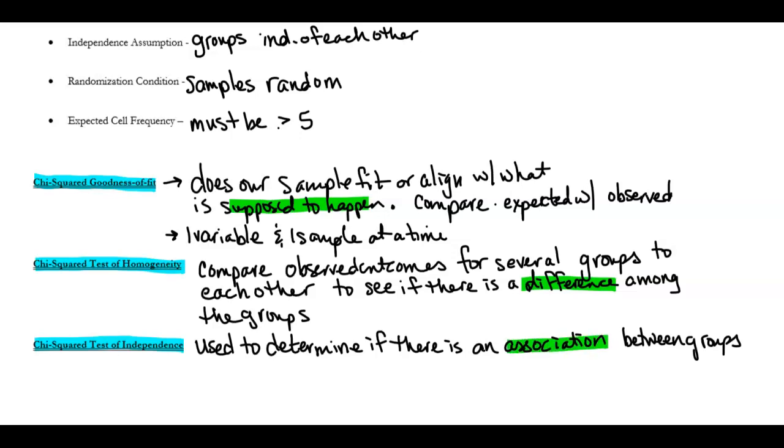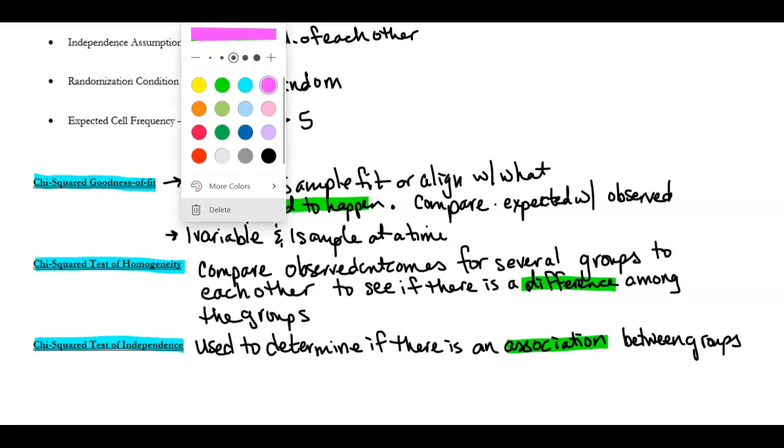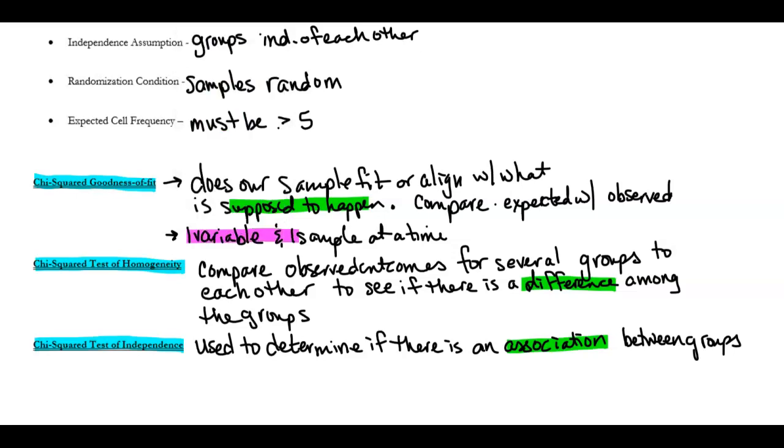between the groups. So all three types of test have the same conditions. The question is: is it doing what it's supposed to do? Is there a difference, or is there an association? The first one can also only do one at a time, one variable and one sample. The chi-squared test of homogeneity and chi-squared test of independence can look at 2 variables.